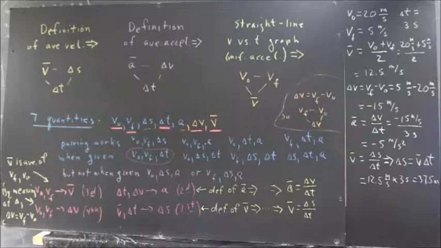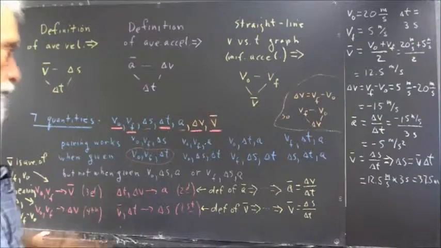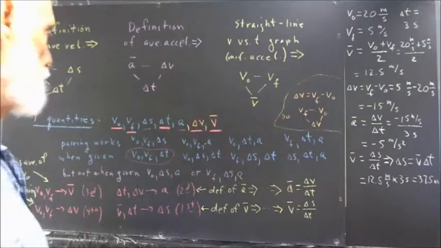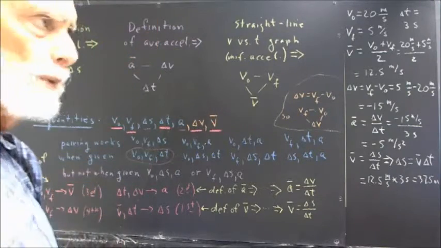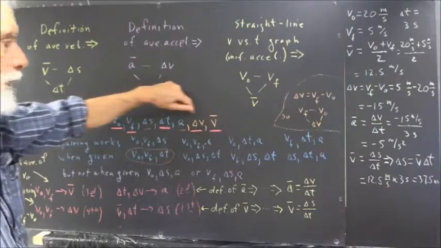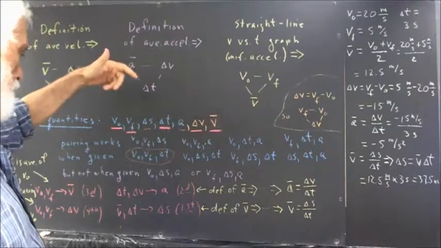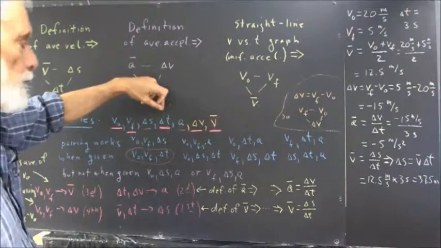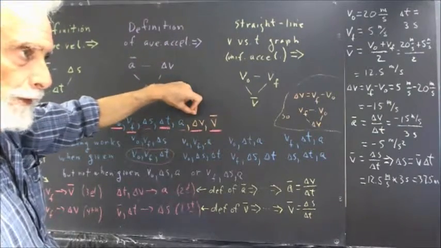Well, we have all kinds of possibilities. And mainly, we can combine delta T with either of these 2, and if we combine it with each of these 2, we're going to be done. So what do we get if we combine delta T with delta V?